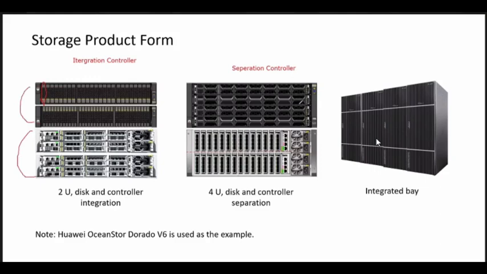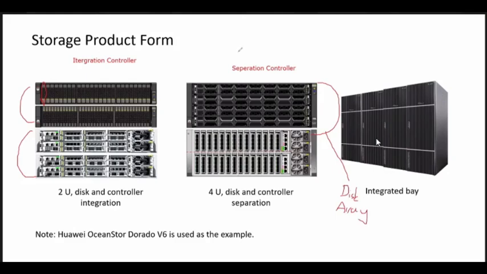With the separation controller, the disk modules and the storage controller are separate. So basically, the controller module won't have disks. You have to attach it to another disk array. So by default, the controller won't come with disks, right?